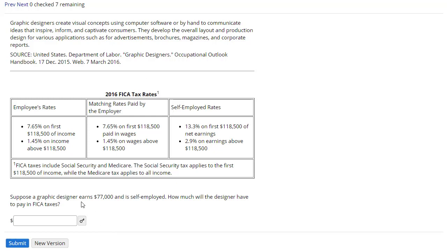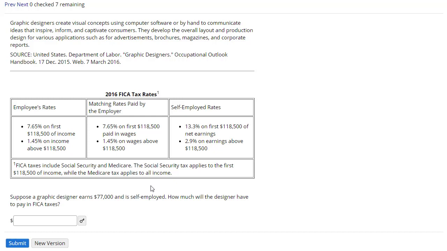Okay, so there's all this stuff here at the beginning, but I want to look at this 2016 FICA tax rates. The FICA tax rates work on a similar system, because we see here we have 7.65% on the first whatever of income and another percent on income above a certain amount.